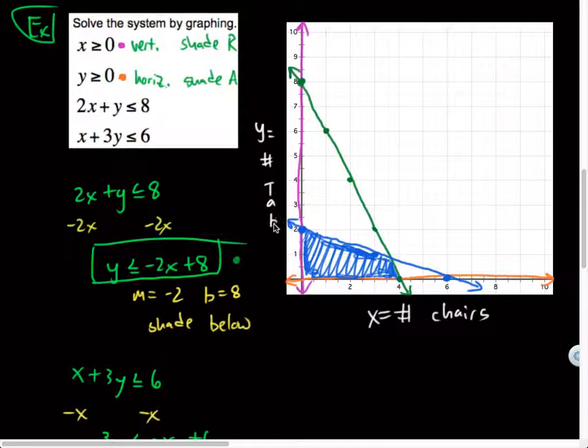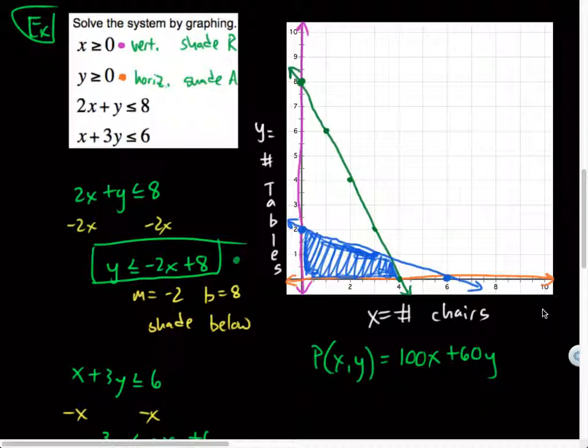All right. And so these are all possible combinations of chairs and tables that the company could make, considering whatever limitations we defined on it. And I want to figure out which of these combinations will give me the best possible profit. And let's say I gave you a profit equation where I said P of X comma Y is equal to 100X plus 60Y.